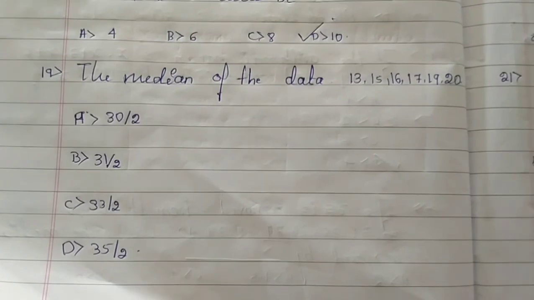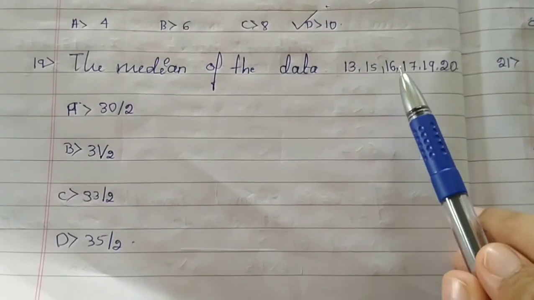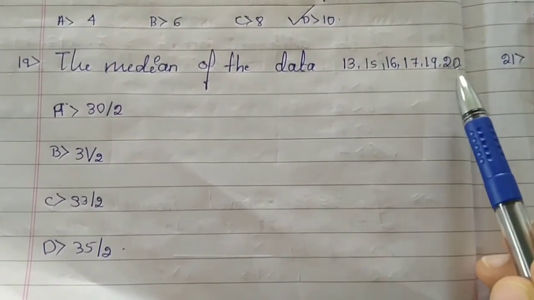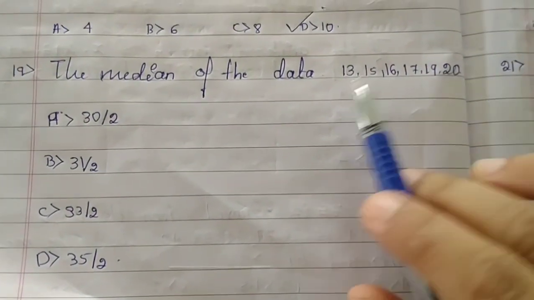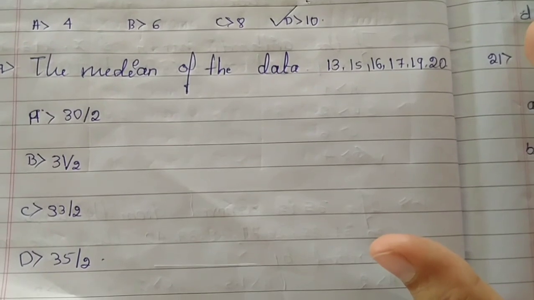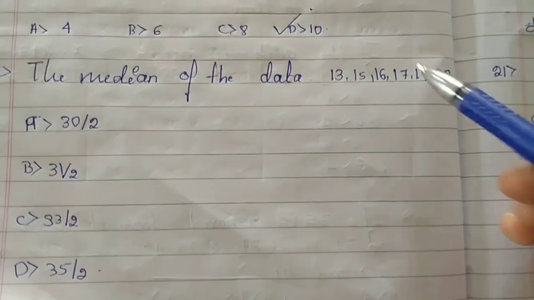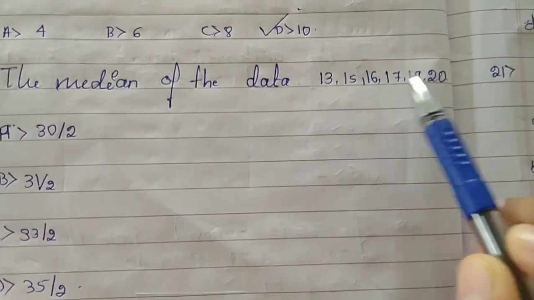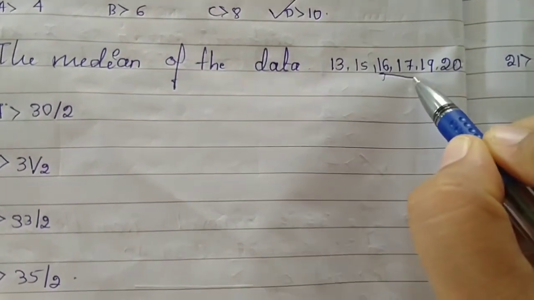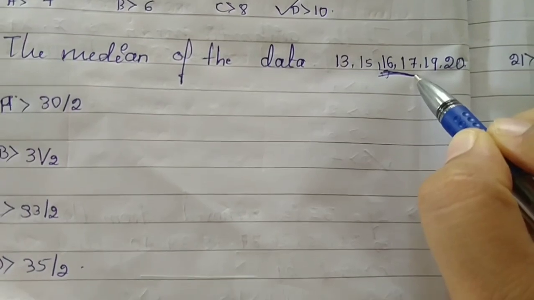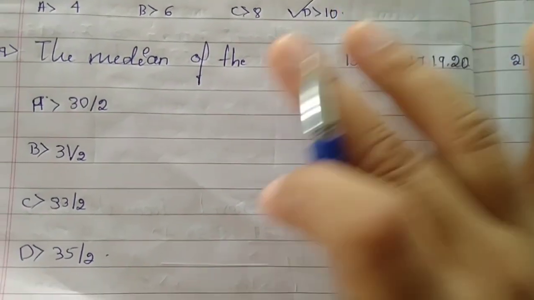The median of the data 13, 15, 16, 17, 19 and 20. Whenever you are calculating the median, you have to check whether it has an even or odd number of observations. Now we can see 1, 2, 3, 4, 5, 6. So this is an even number of observations, right? If it is even, then the sum of the middle two divided by 2 is the median of the given data.